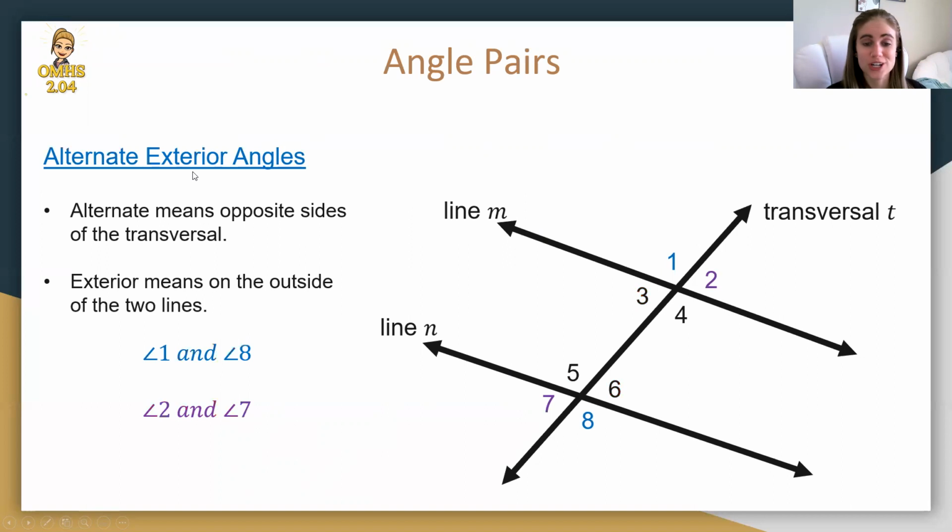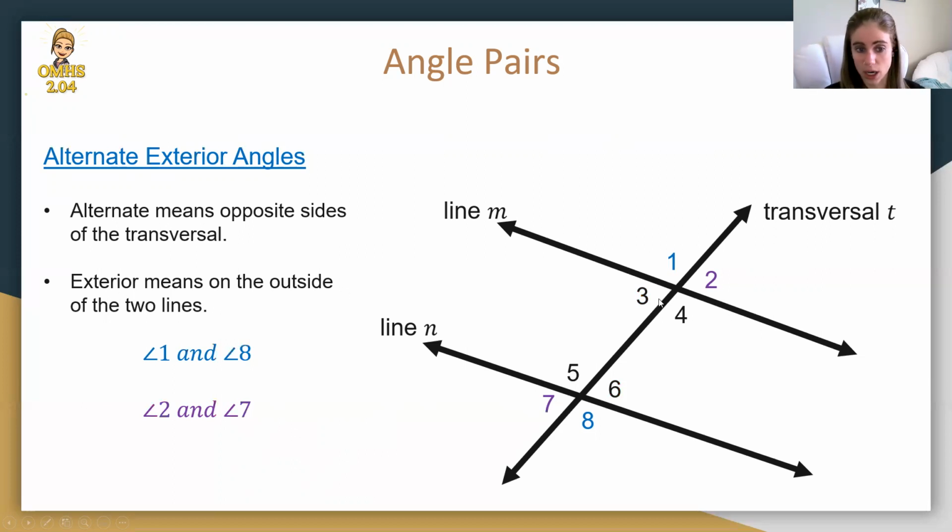Now we have alternate exterior. So very similar, only they're on the exterior, all right? So once again, alternate means they're on opposite sides, but if it's exterior, they're on the outside of my lines.